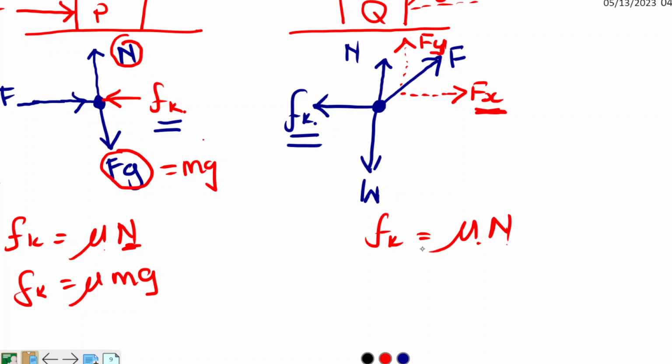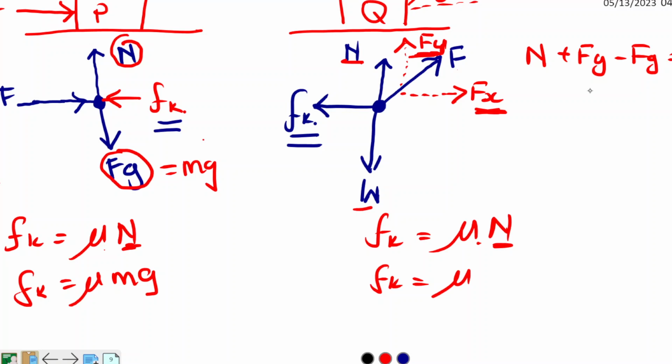Now let's look at block Q. What is the kinetic frictional force here? So what is the normal force? We cannot say the normal force is equal to the weight, because there is also another force, which is a vertical component of F. So in this case, I'm looking at the vertical forces.